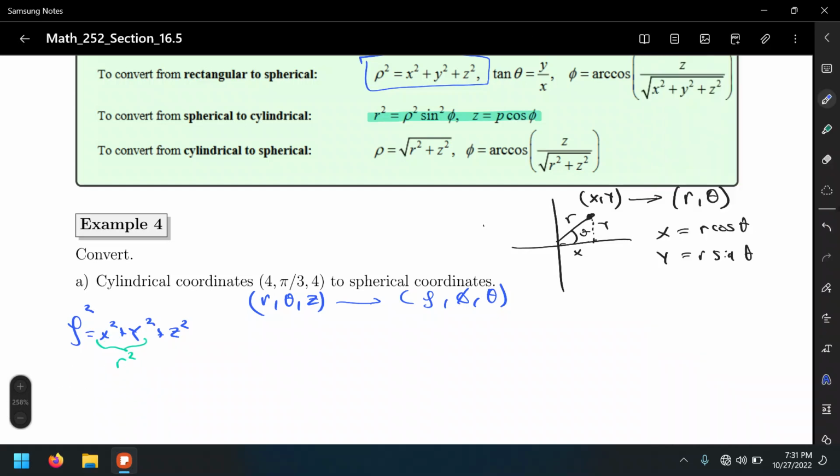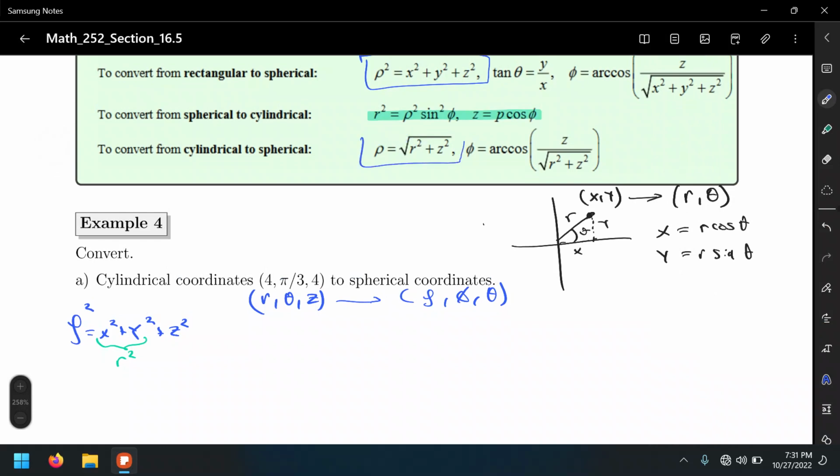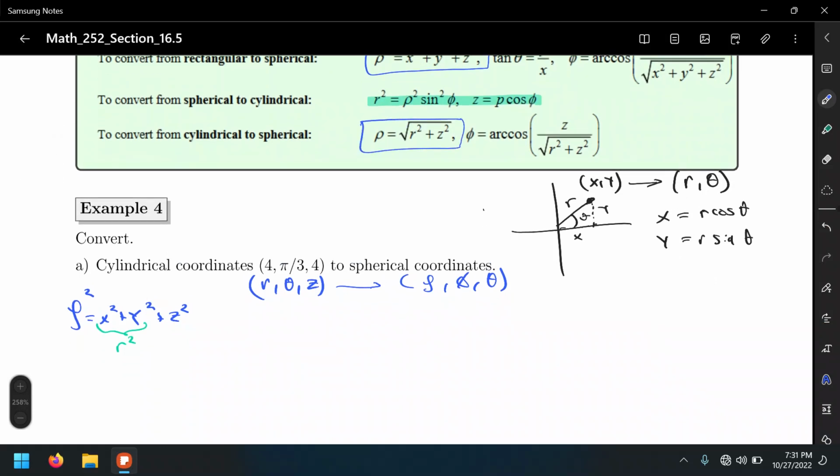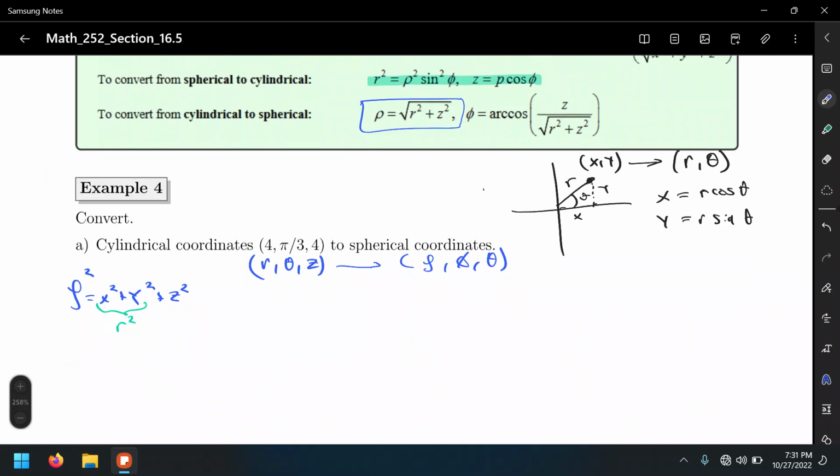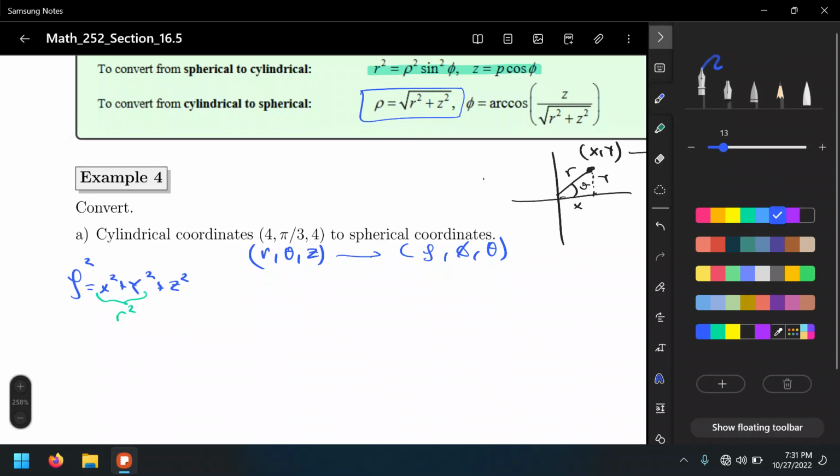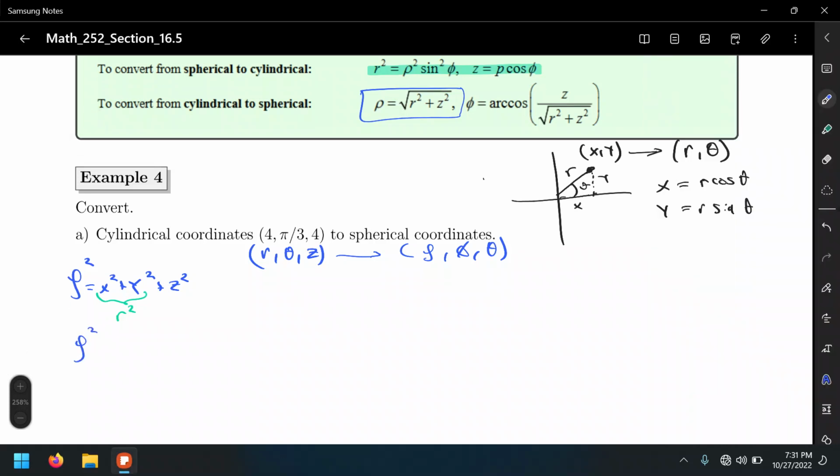Which is actually this one right here. I could have just gone straight to this one, but it's good to see where this is really coming from. So rho squared equals r squared plus z squared, and rho is the square root of r squared plus z squared.